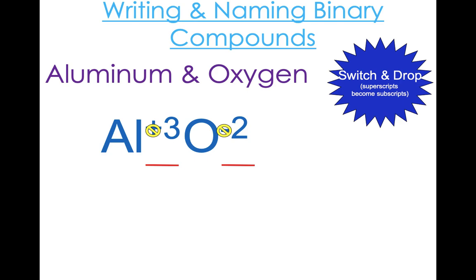How do we know what subscripts to put on those red lines? Well, what we're going to do is switch and drop those numbers. So the 2 and the 3 will be switched and dropped onto the lines. So the 2 goes next to the aluminum, and now the 3 goes next to the oxygen.